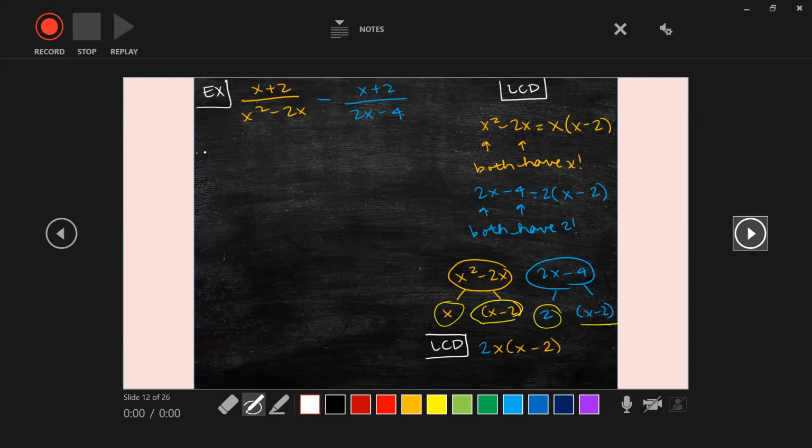So let's do it. I'm going to rewrite these orange guys in a way that we're used to seeing, which is just what we did, where we just factored.